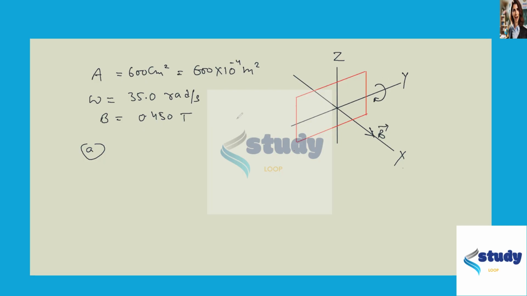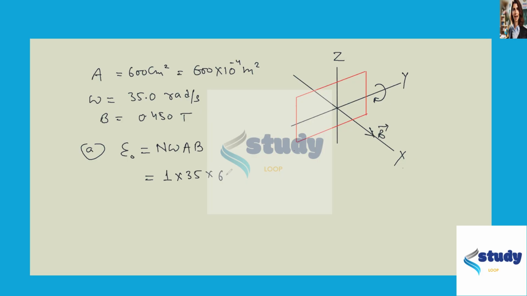In that case, the maximum EMF induced in this coil will be given as the product of the number of turns with the angular velocity, with the area, and with the magnetic field. So when we multiply these values, the number of turns is just 1. For angular velocity, this is 35 radian per second.